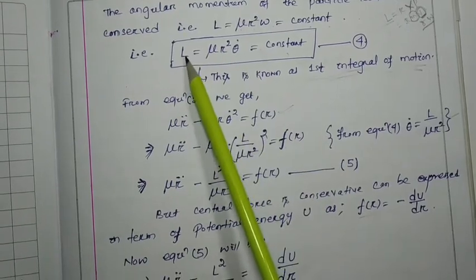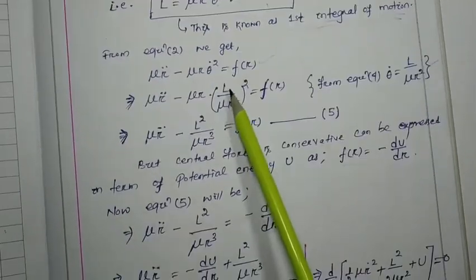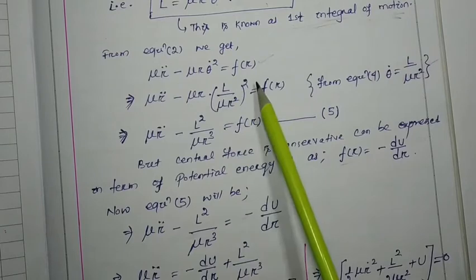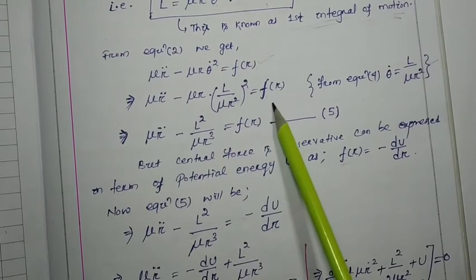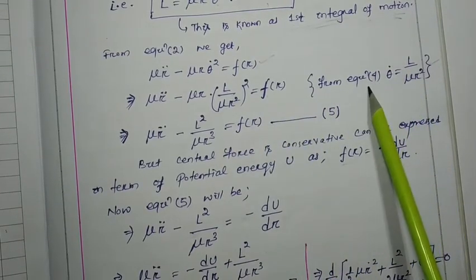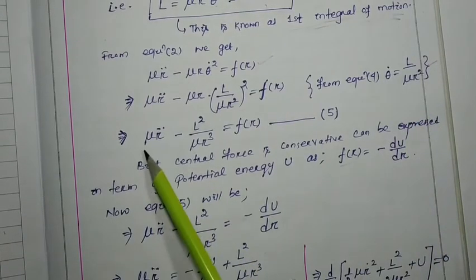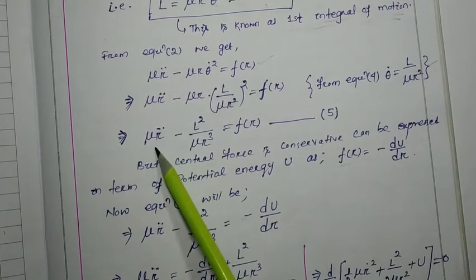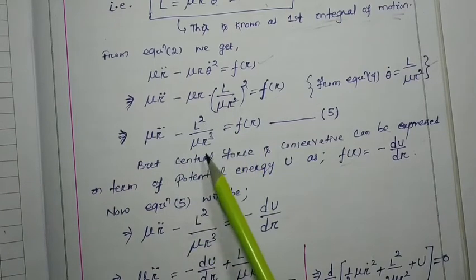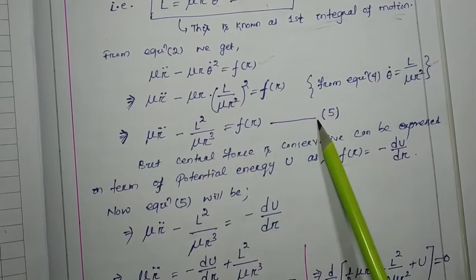So you just put the θ̇ value over here. It will be μr̈ − μr(L/μr²)² = Fr, because from equation number 4, θ̇ is nothing but L by μr². So now it will be μr̈ − L²/μr³ = Fr. Let it be equation number 5.